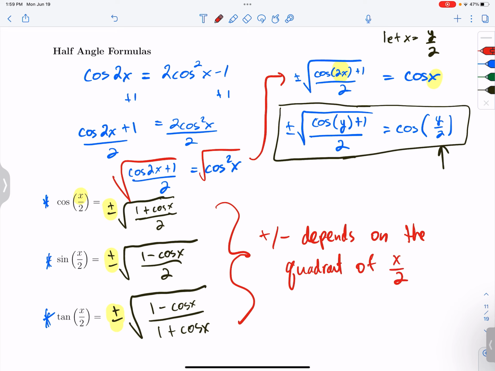So if that quadrant is, let's say, the second quadrant, and I'm doing the half angle for cosine, well, cosine is negative in the second quadrant, so I'd use the negative there. So you just need to determine which quadrant the angle we're talking about, x over 2, is in, and then determine whether sine, cosine, or tangent is positive or negative in that quadrant.